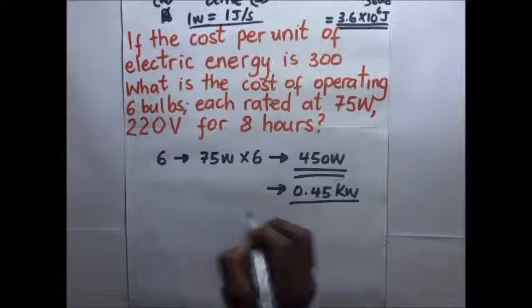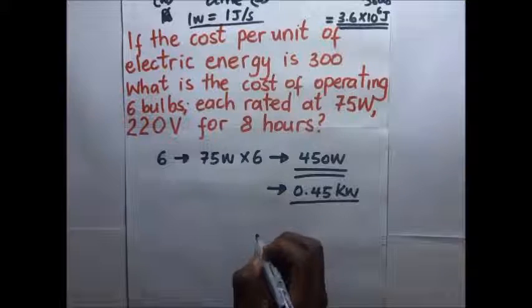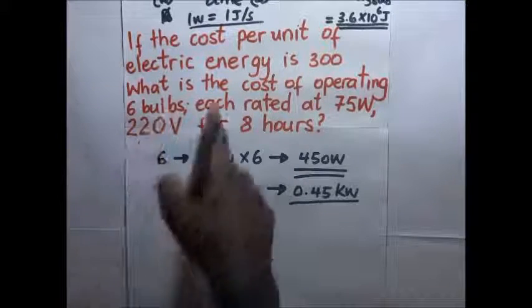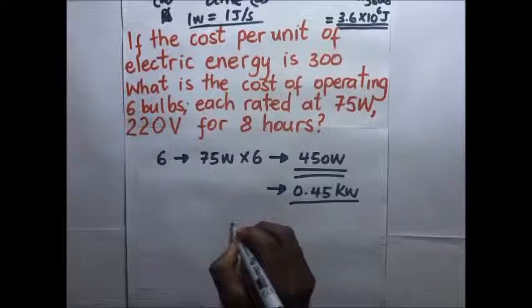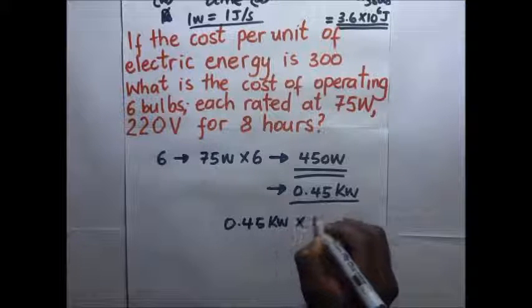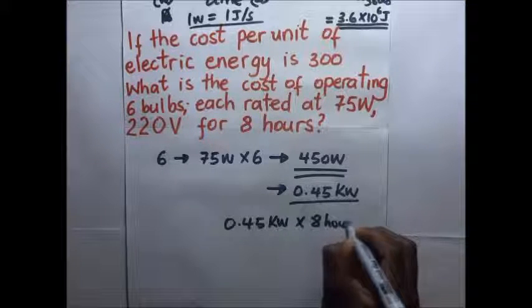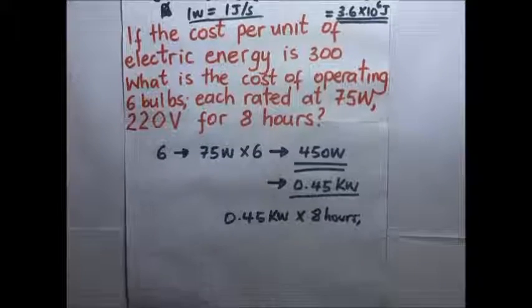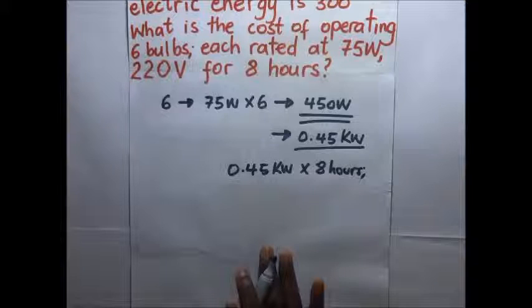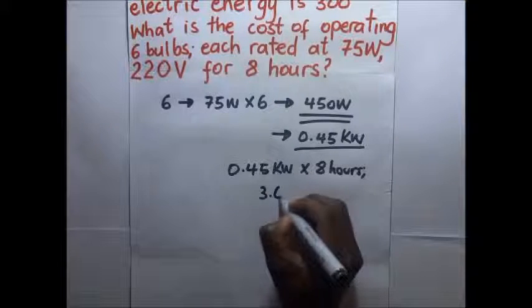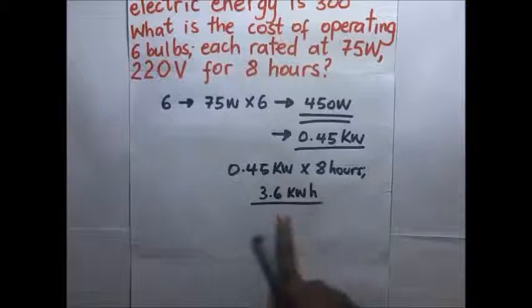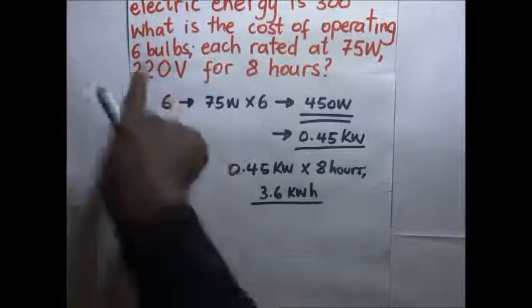Since they are operating for 8 hours, it's going to be 0.45 kilowatts, multiplied by 8 hours, and you'll get 3.6 kilowatt hours. So you get the kilowatt hours consumed by those 6 bulbs.